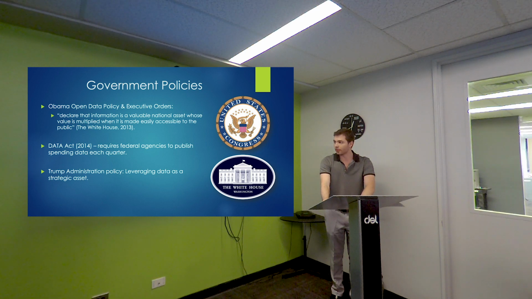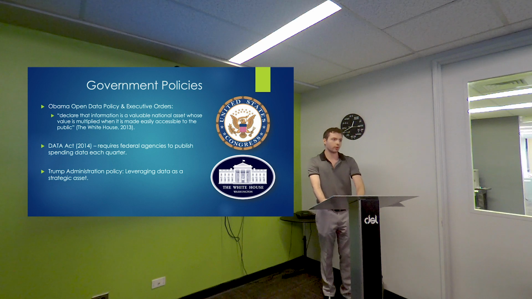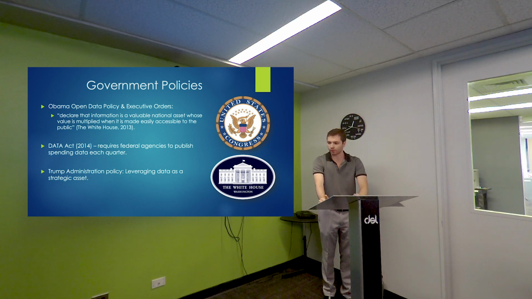There was the Data Act in 2014 that requires federal agencies to publish their spending data each year, or each quarter, and that is also relevant to something we're going to talk about a little later on. But what we really need to know is how things stand currently, because the Obama administration isn't in office anymore.